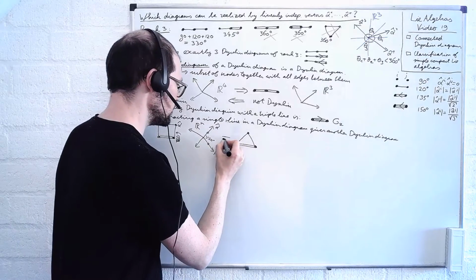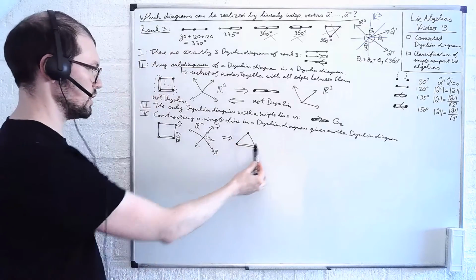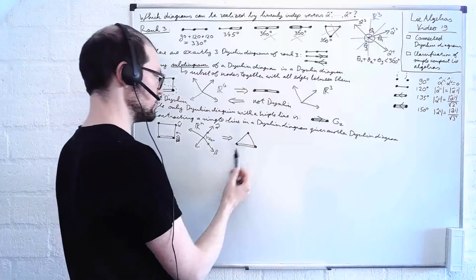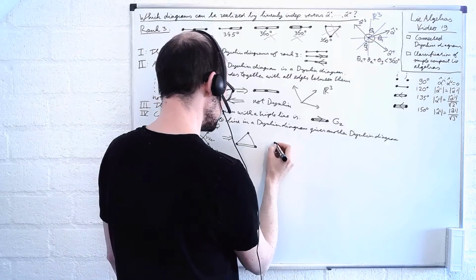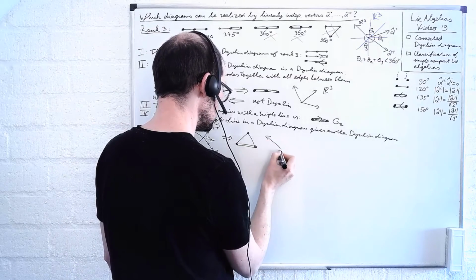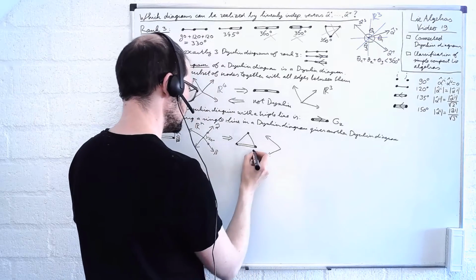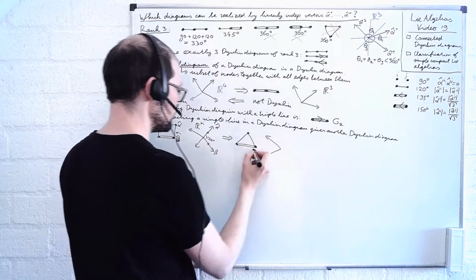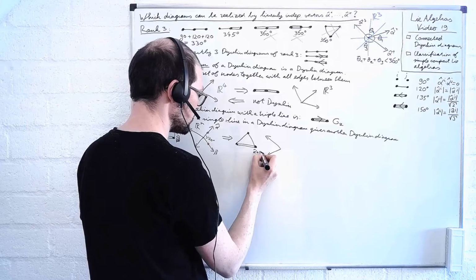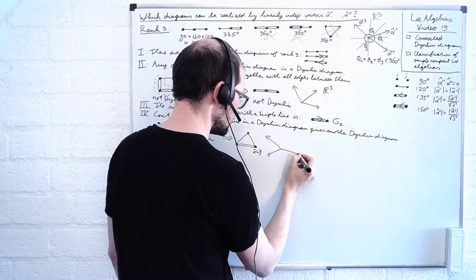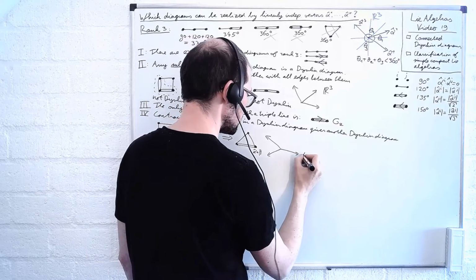So what is going to be the corresponding set of simple roots for this diagram? Well, simply we take all the roots as before, but we replace alpha and beta by alpha hat plus beta hat. So I get now one less vector.